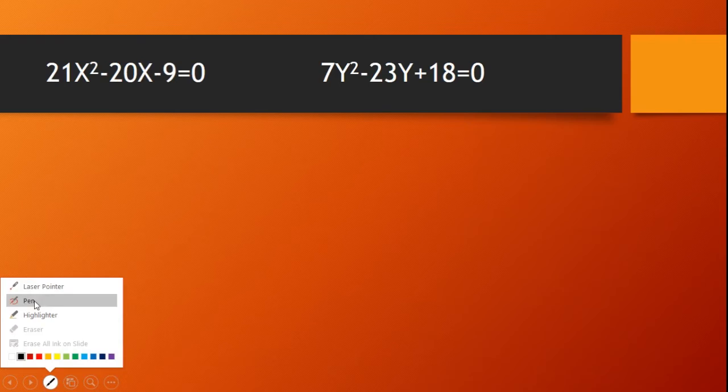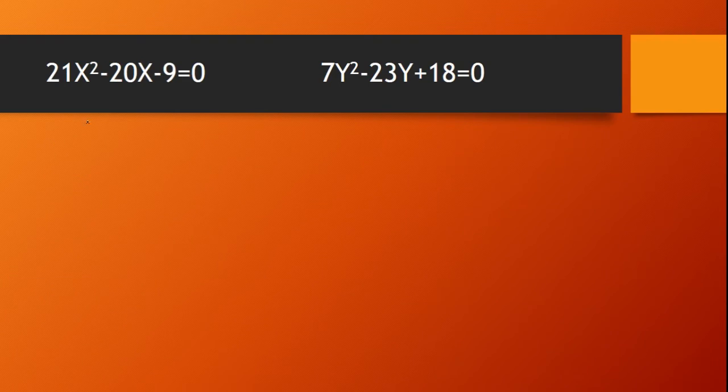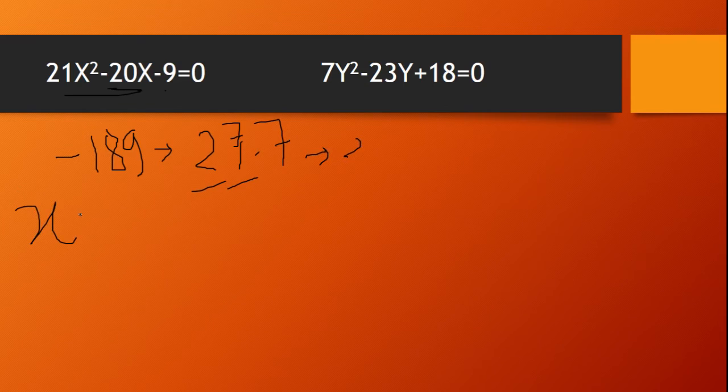21x square minus 20x minus 9. These two we have to multiply to get 189. And it is 27 into 7. If I subtract, 27 minus 7 will be 20. So the roots will be, as it is minus and minus, the greater will be plus and the lesser will be minus. So 27 by 21 and minus 7 by 21.